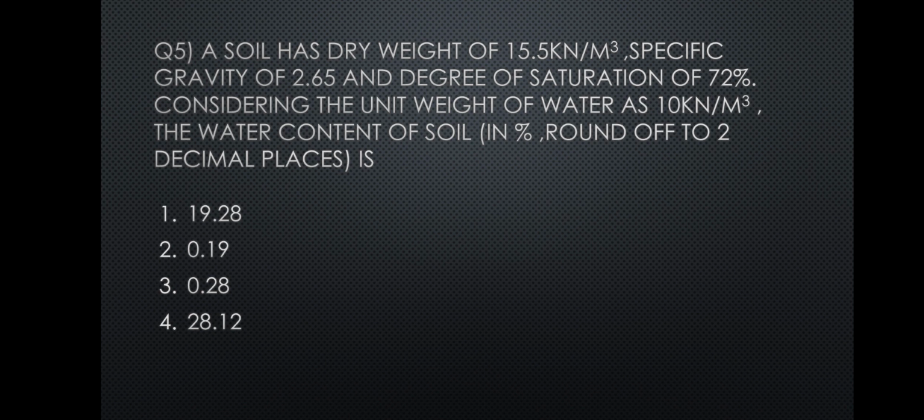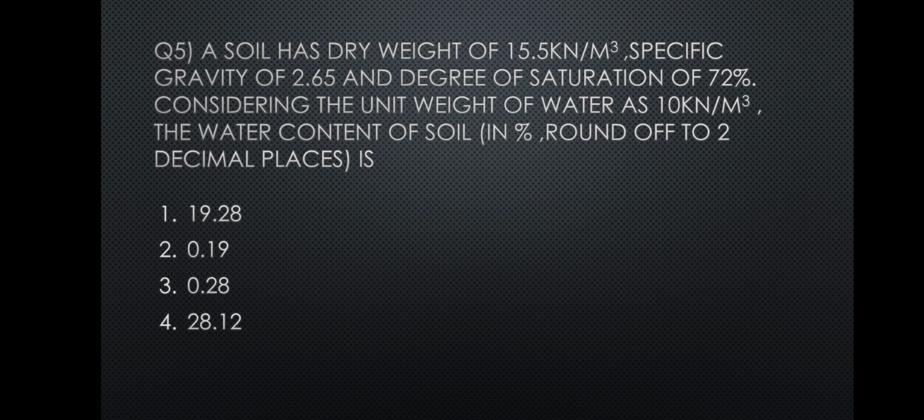So in the question we are given the dry unit weight, gamma_d, that is 15.5 kN per meter cube, specific gravity G is 2.65, degree of saturation S_r is 72%, and the unit weight of water, gamma_w, is 10 kN per meter cube. So we have to calculate the water content of the soil.